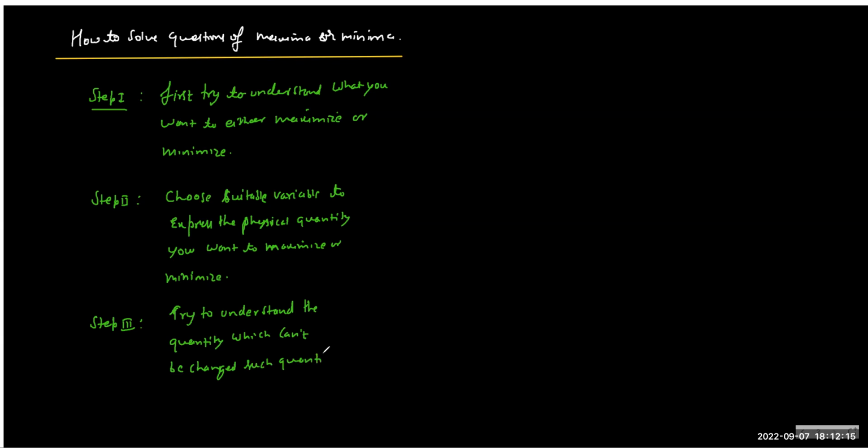Such a quantity is called a constraint. So that is your step 3.